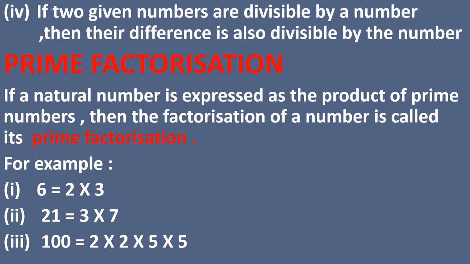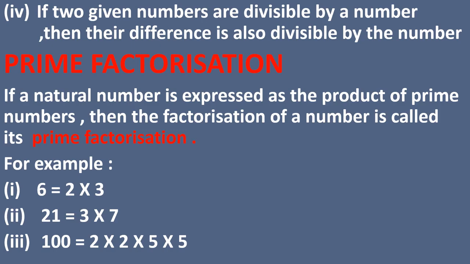Now see, 2 and 3 are both prime numbers. So 2 multiplied by 3 is the prime factorization of 6. See one more example, 21. 21 is 3 multiplied by 7. 3 and 7 are both prime numbers. So 3 multiplied by 7 is the prime factorization of 21.